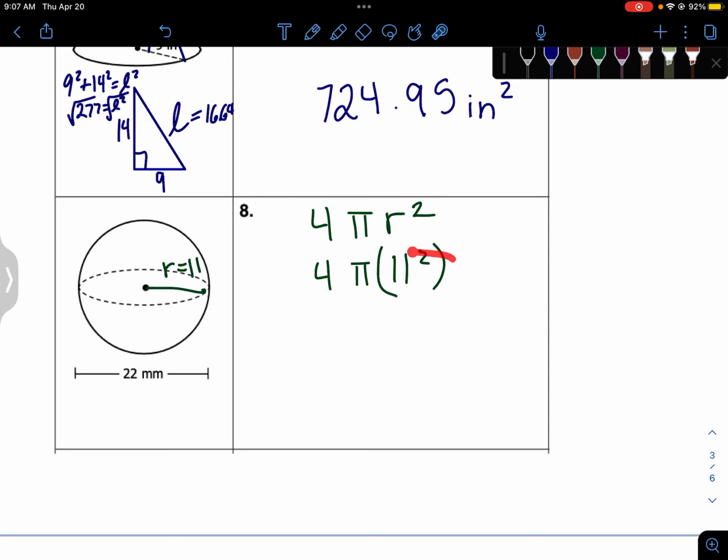I'm not given a decimal, so if I type all this in and pi is 3.14159, I'm going to get a decimal. And since I'm not given a decimal, I'm not going to give a decimal. And so we're going to leave this in terms of pi. 4 pi times 121. And 121 times 4, we find that we have 484 pi square millimeters.